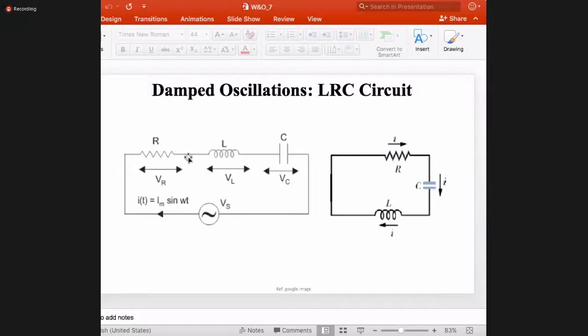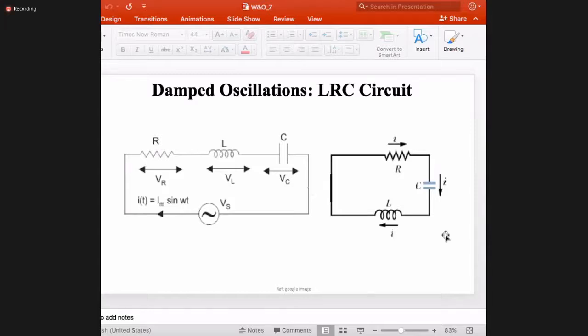So this is an LRC circuit: this is an inductor L, this is a resistance R, and this is a capacitor C. The voltage across the capacitor is VC, across the inductor is VL, and across the resistance is VR.